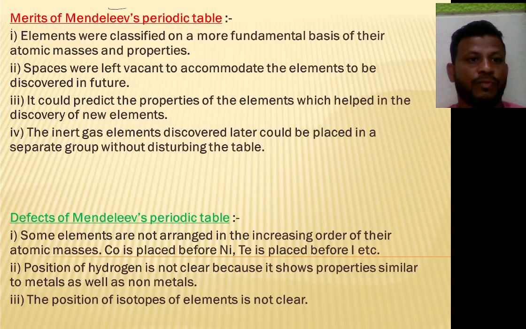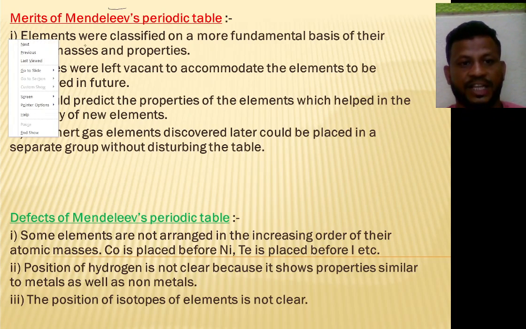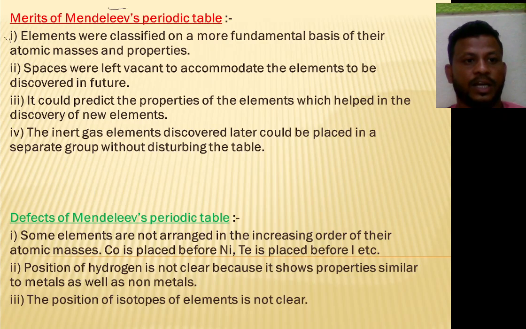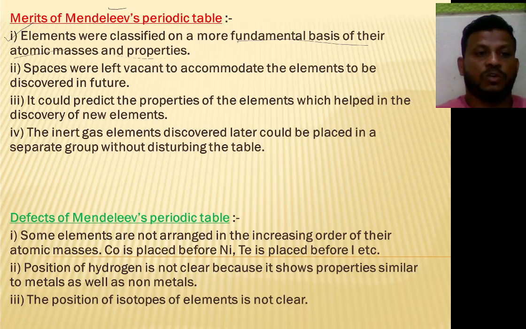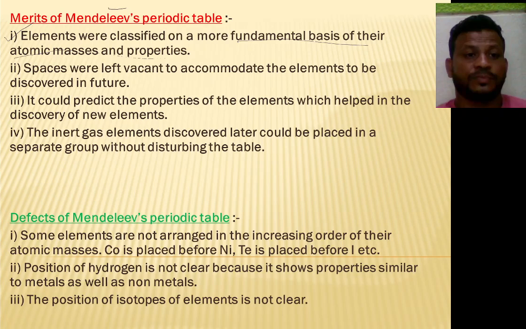Here the first merit is that elements were classified on a more fundamental basis of their atomic mass and properties. First of all, this is the merit of Mendeleev's table. He took a very basic concept to classify the elements, that is the atomic mass and the properties.